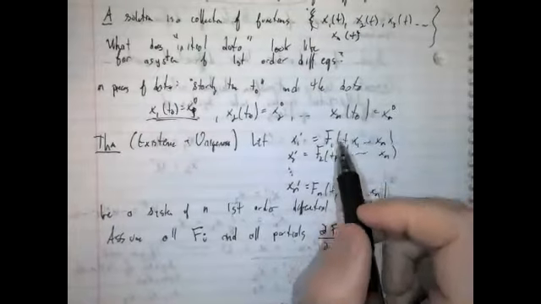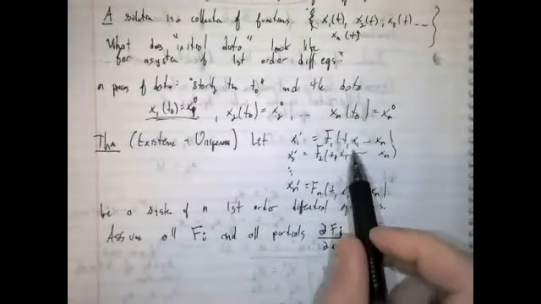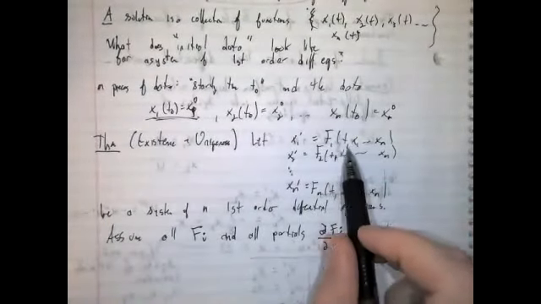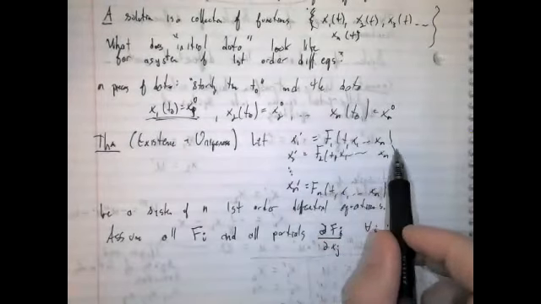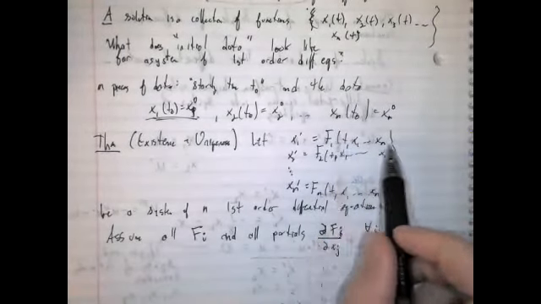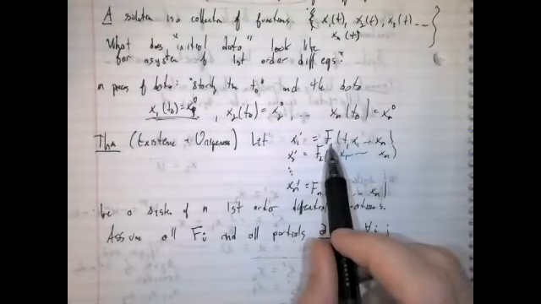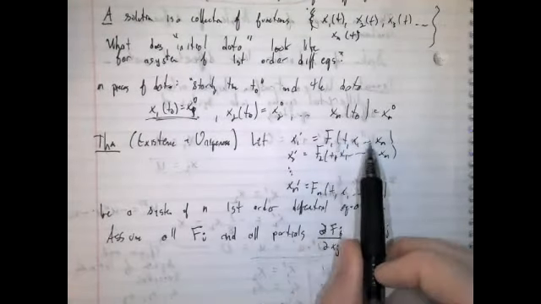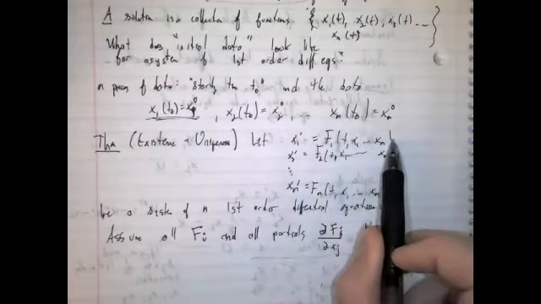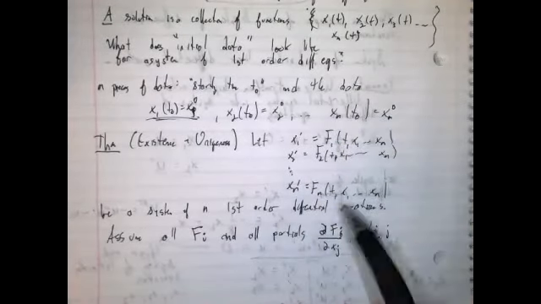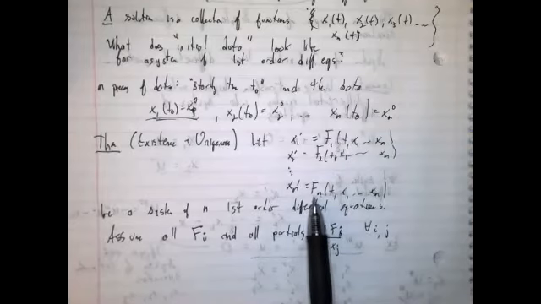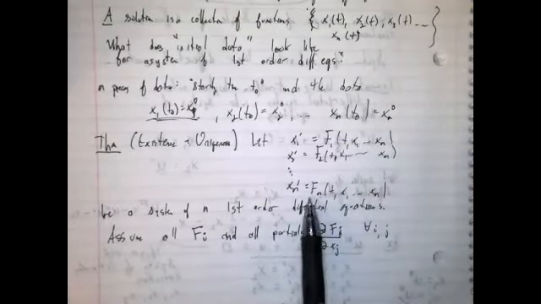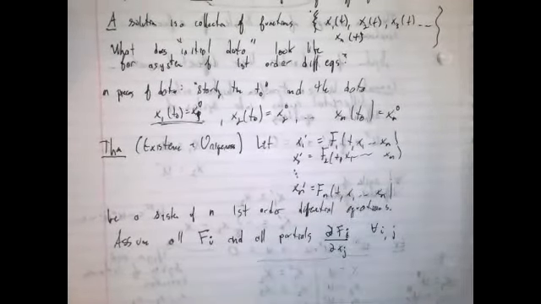Remember, all these functions f1 through fn depend on both time and potentially all of the variables. So I need to take all of the possible partials. I need to take the partial of f1 with respect to x1, the partial of f1 with respect to x2, all the way up to xn. And then I need to repeat that process with every function. So I need to take the partial of fn with respect to x1, the partial of fn with respect to x2, etc.